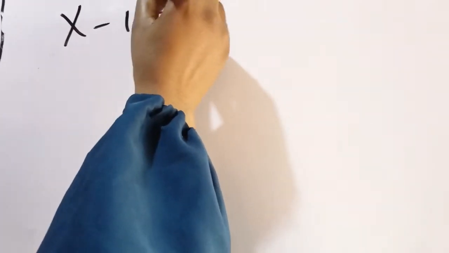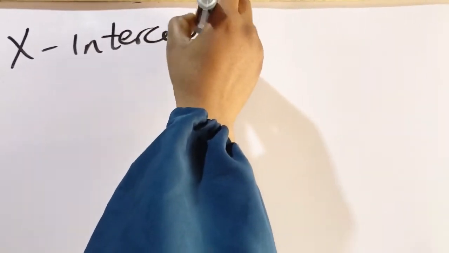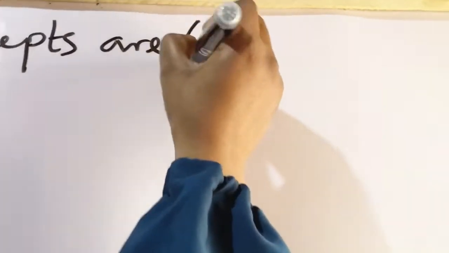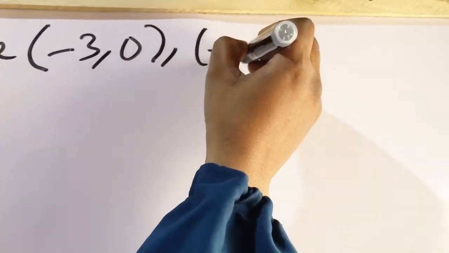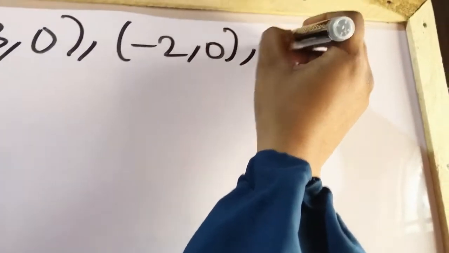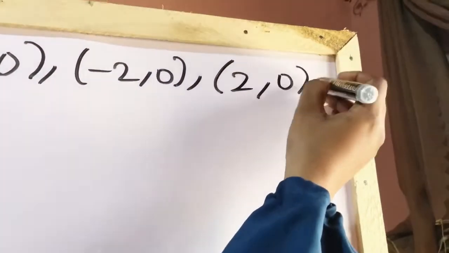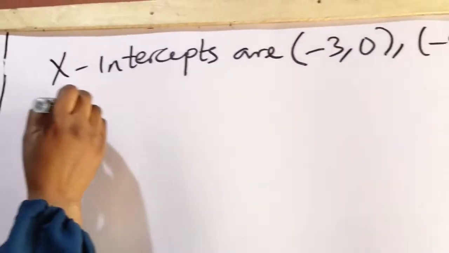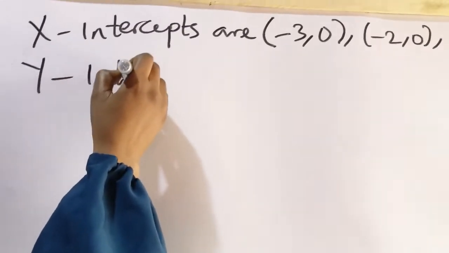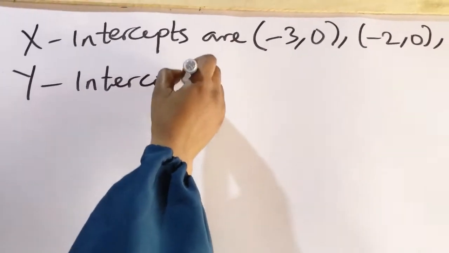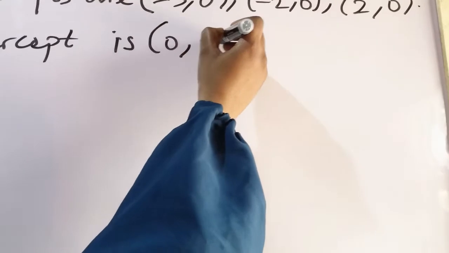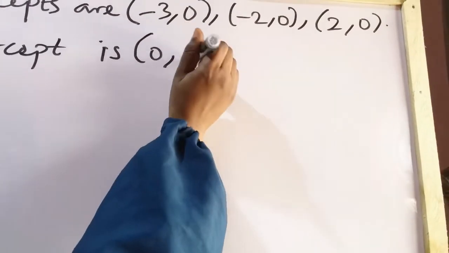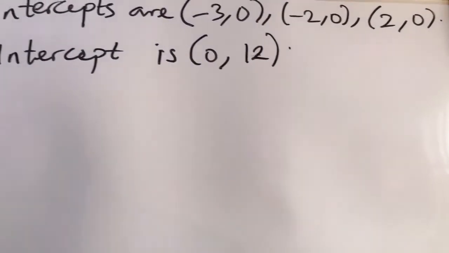X-intercepts are minus 3, 0, minus 2, 0, and 2, 0. And the y-intercept is 0, 12. So that is substituting and putting x to be equal to 0.